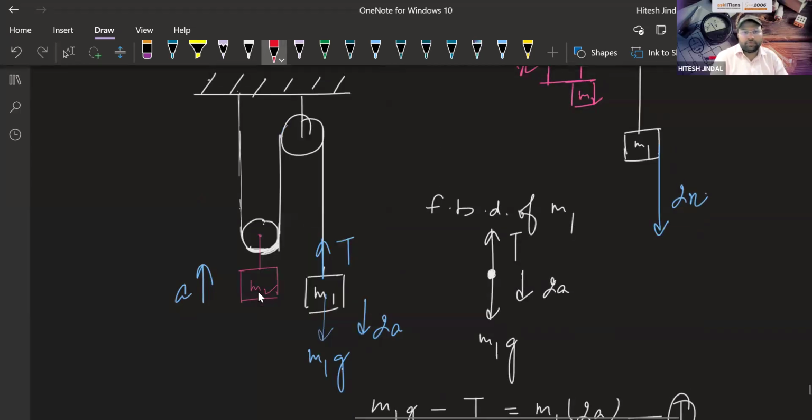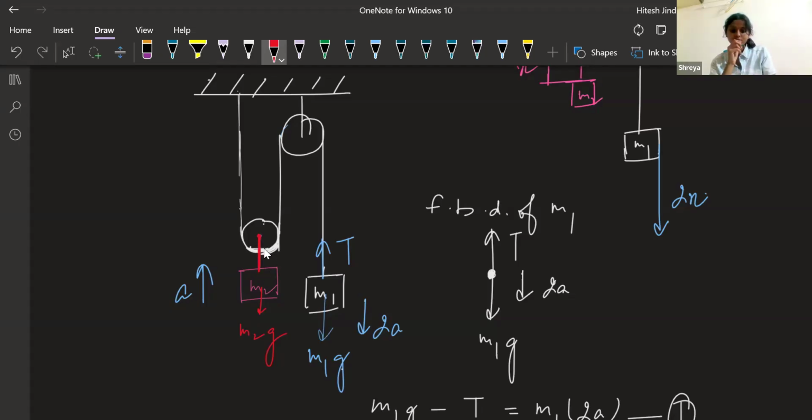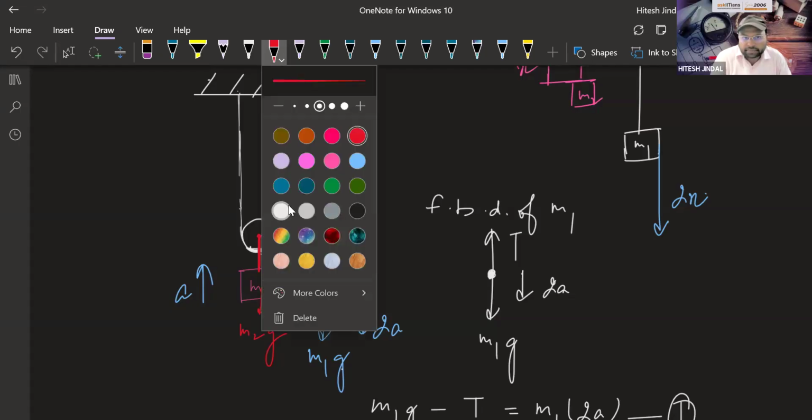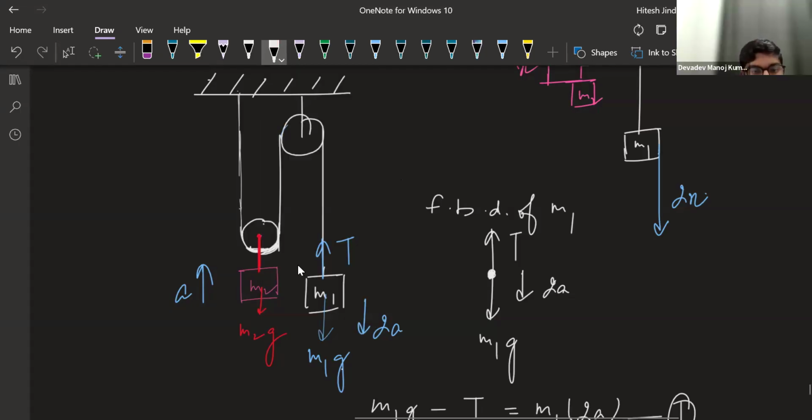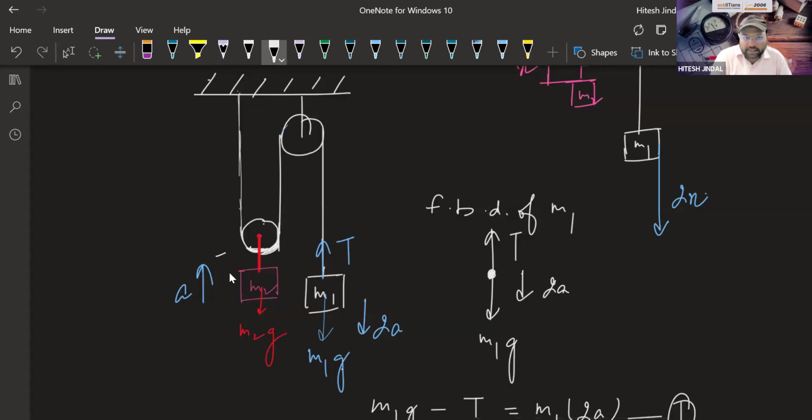So M2, you see, we have one force as M2 into G. What is the other force? See, this is connected here. Is this the same string or a different one? This is different. This is not part of the string. So let's say this has some different tension, T dash.